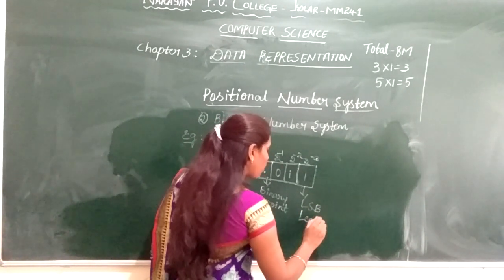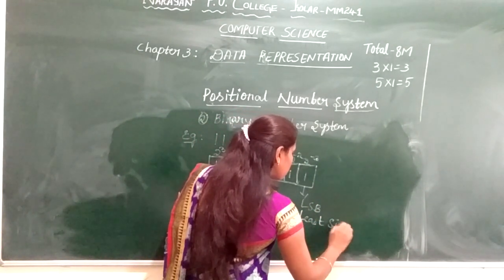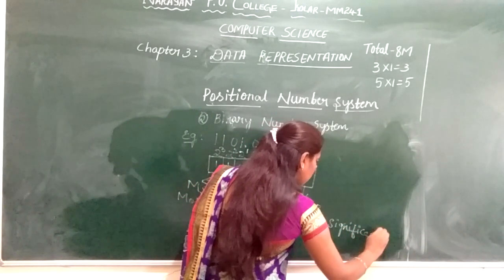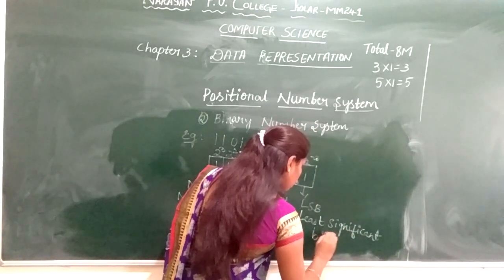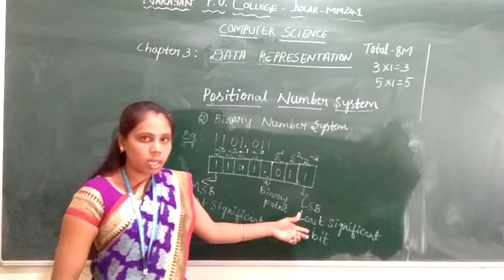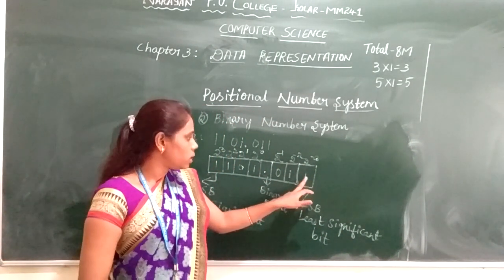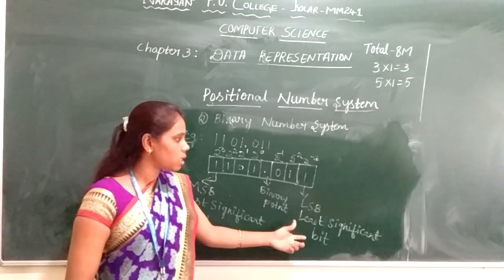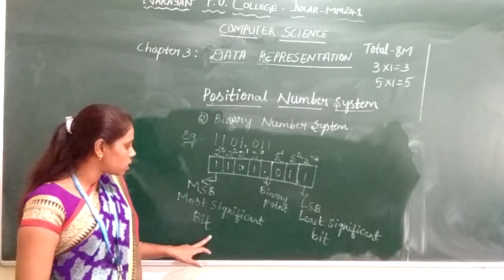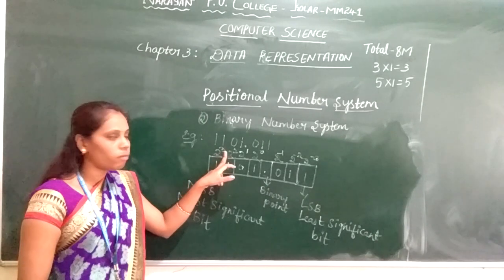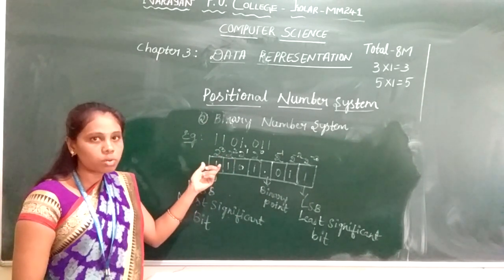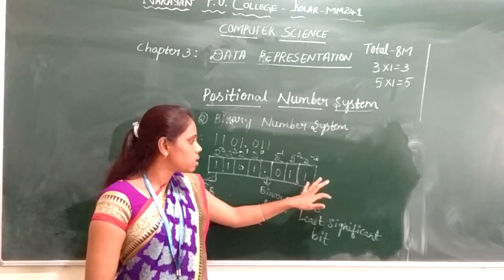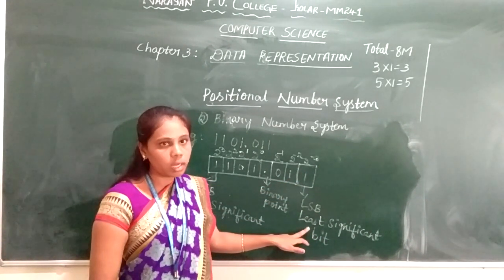LSB is abbreviated as least significant bit. So least significant bit is nothing but the digit which has the least weight, or the small weight, we call it least significant bit. Here the most significant bit has a weight of 3, hence it is most significant bit. This has a -3 and it has the least weight, hence we call it the least significant bit.